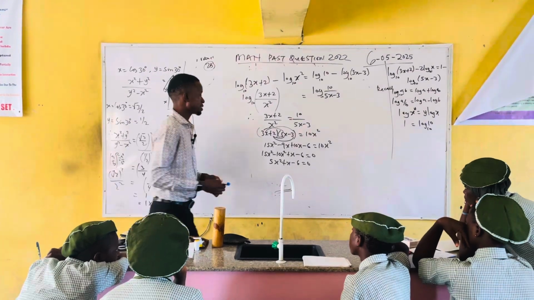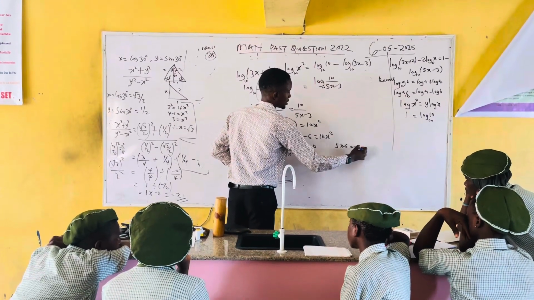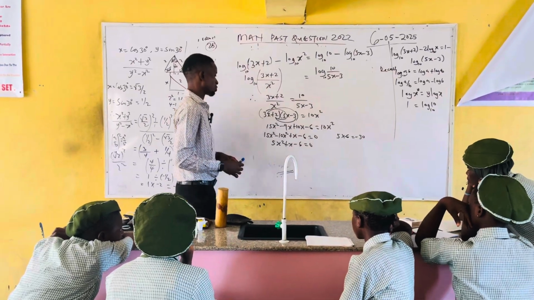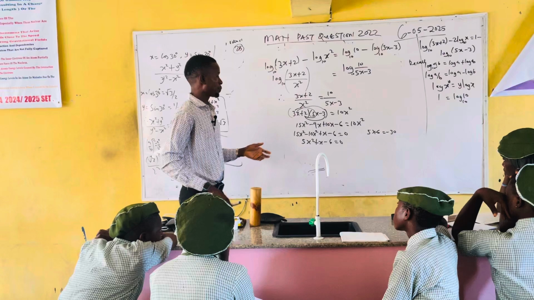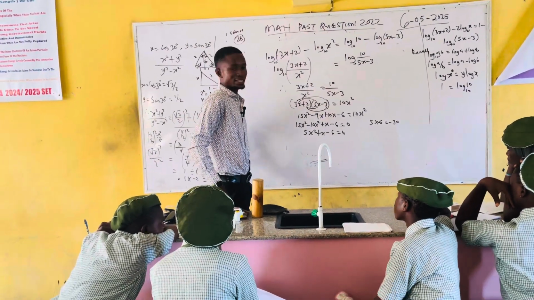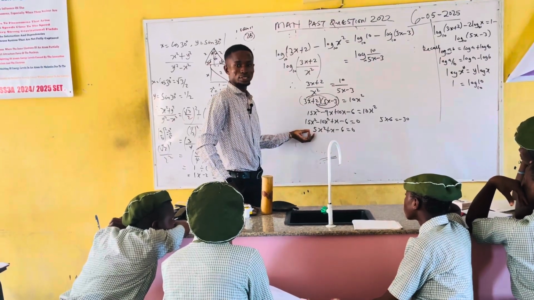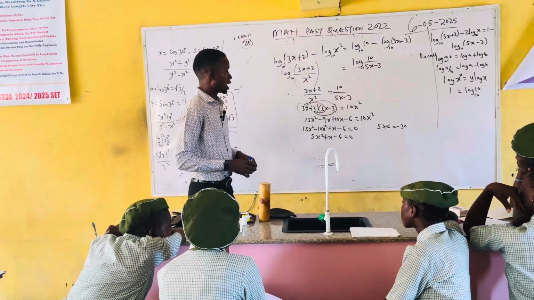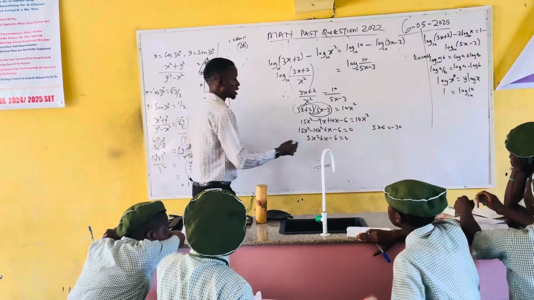So 5 times minus 6 is minus 30. What are the factors of 30? You can pick any two numbers that multiply to 30, so 6 times 5 is still 30. We are going to have plus 6 and minus 5 so that we can have plus 1 here.